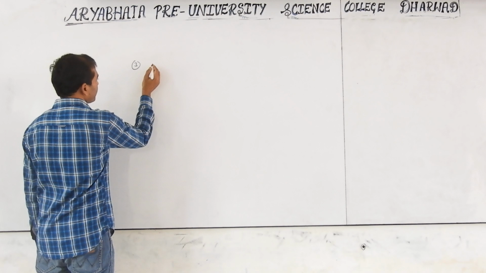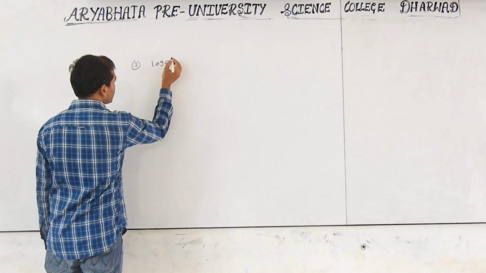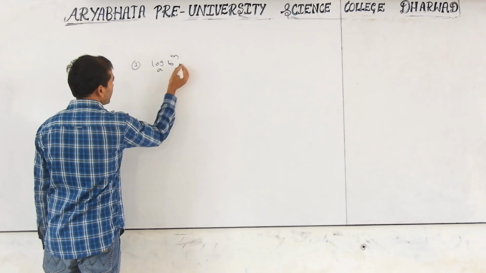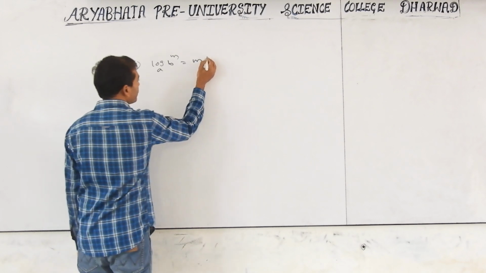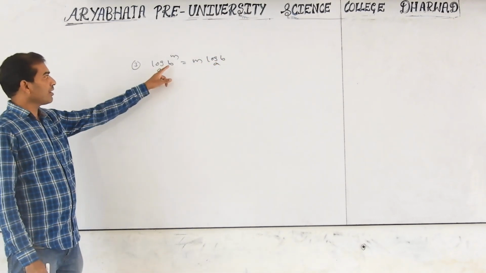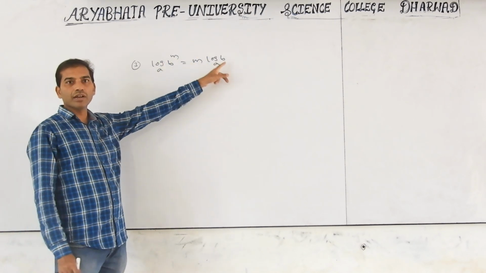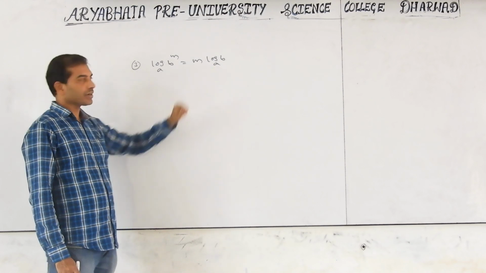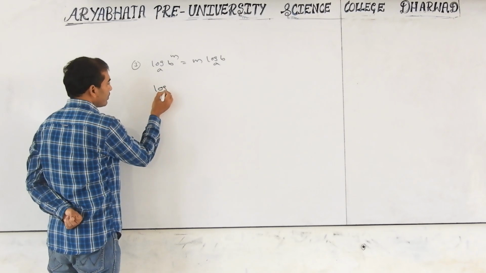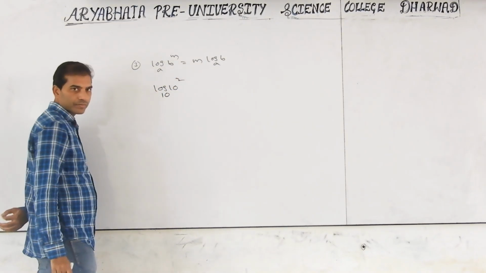Okay. Next. Third property, logarithm of b raised to m, base a, equal to m into log b base a. For example, log of 10 square base 10.